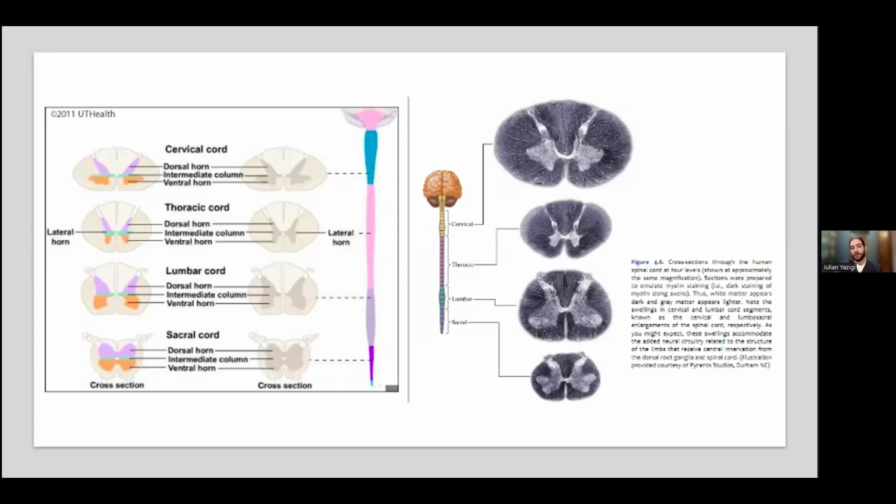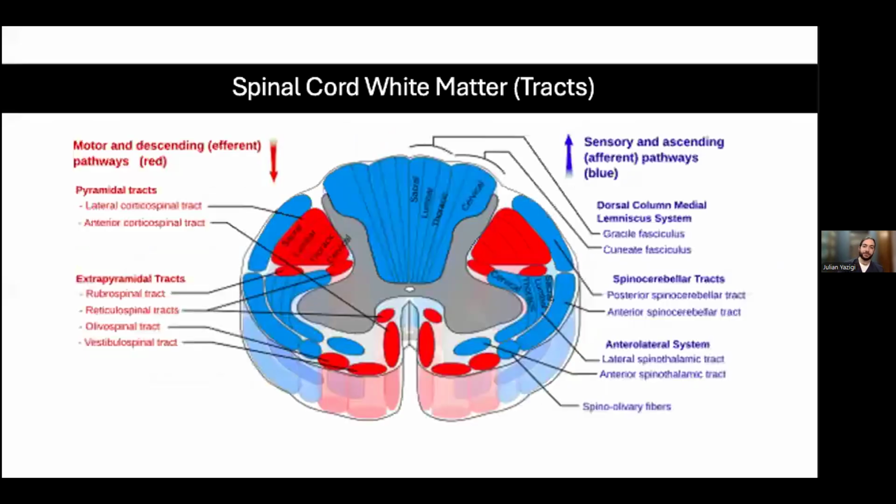Cervical and lumbar segments contain large ventral horns due to the excessive motor neuron pool supplying the limb muscles, whereas thoracic segments exhibit a prominent lateral horn housing sympathetic preganglionic neurons. White matter is greatest in the cervical region, where ascending and descending tracts are present, and progressively diminishes towards the conus medullaris as more fibers synapse or terminate at higher levels.